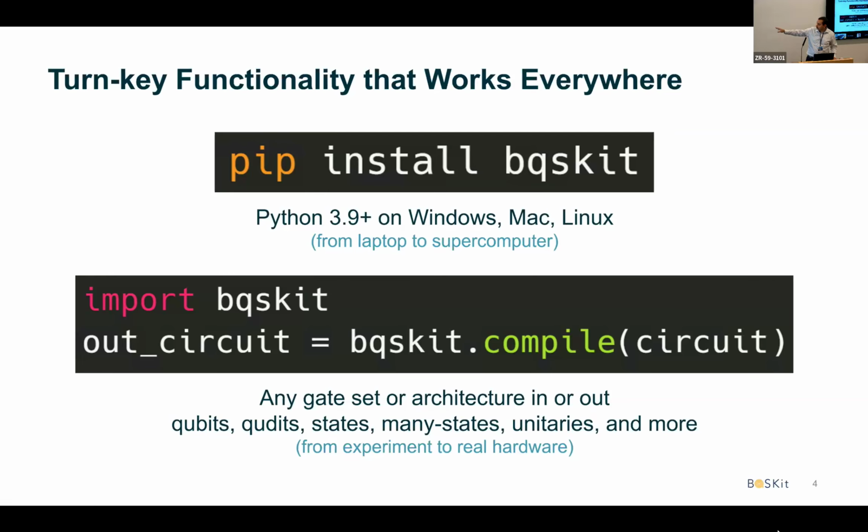That's what I really mean when I say portable. It really can handle any gate set, any architecture, qubits, qudits. You can even do synthesis. You can just plug a unitary in, and we'll expand on these concepts in a bit. Also, if you have any questions at any point, feel free to just cut me off and ask a question.